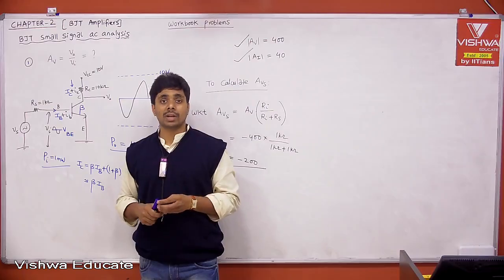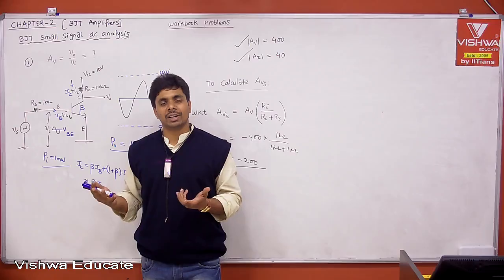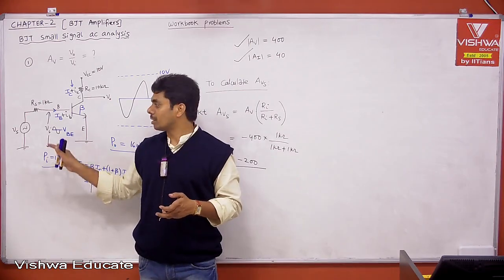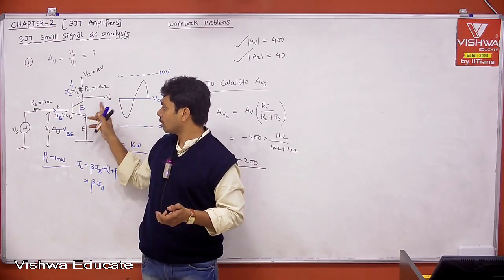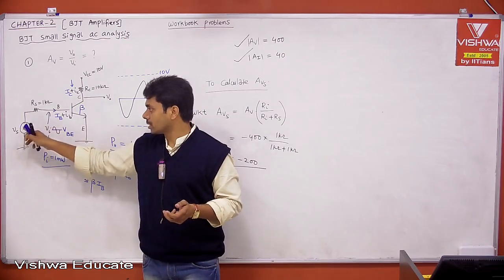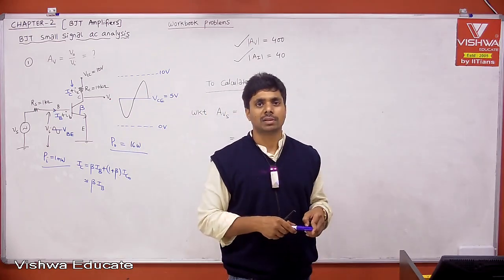We always say voltage gain is V0 by Vi, which is minus 400, but if you say V0 by Vs, the real voltage source, that is minus 200, which is not accepted, right?